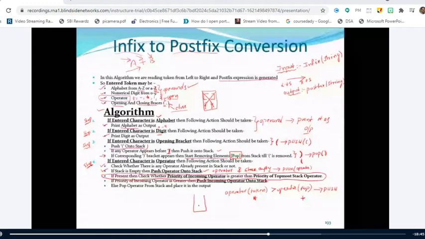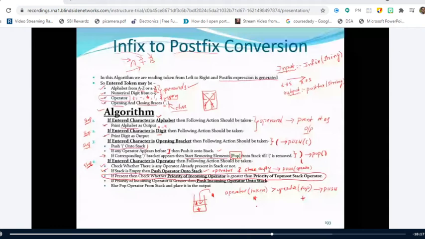It is greater, right? So I have plus here, and my incoming operator is star. I have to check whether I can place this star above this plus or not. That is what we are doing here. So I compare the priority of the incoming operator, star, with the priority of plus. Since star has higher priority than plus, you just have to perform a push operation. That's it.